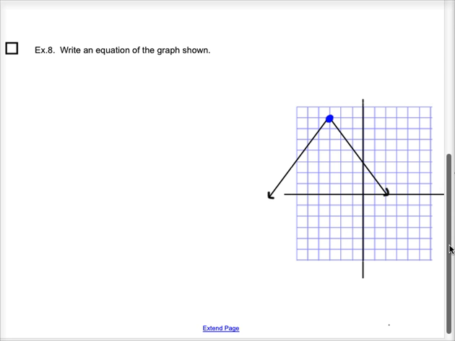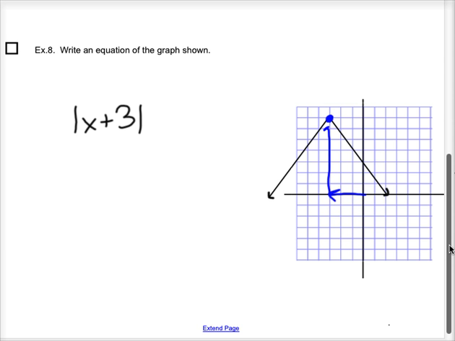So first, it looks like I shifted 3 to the left. All right? So remember, left is positive in terms of x movement. So that's going to give me an x plus 3 inside my absolute value.